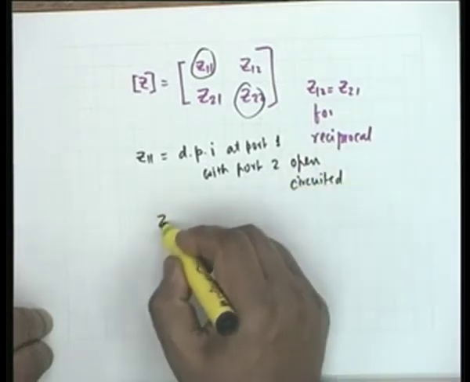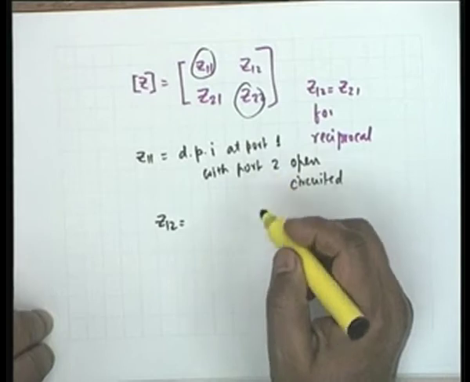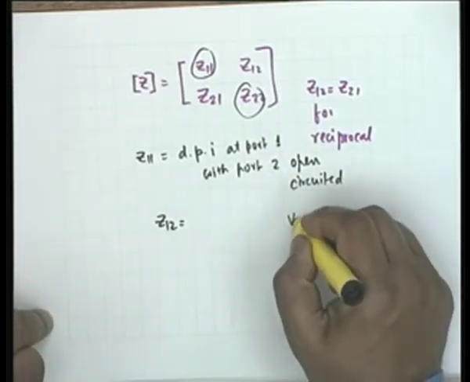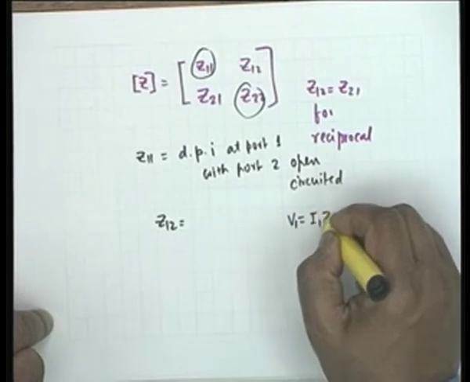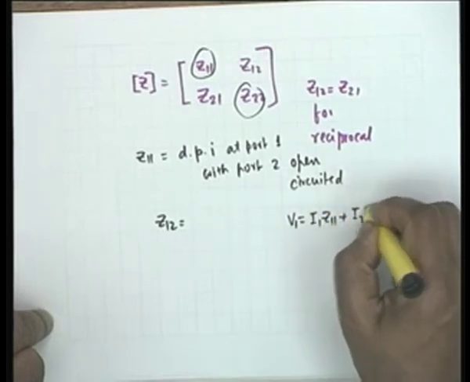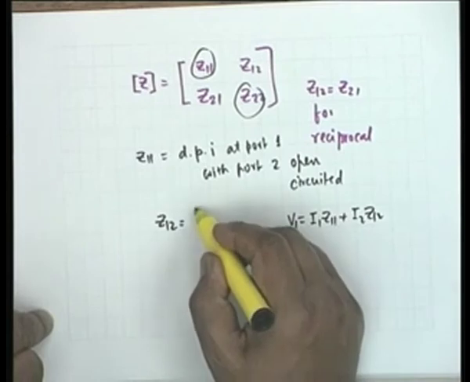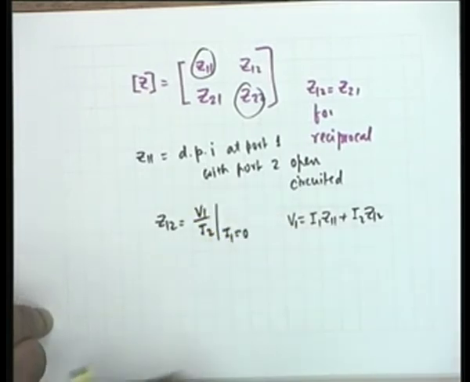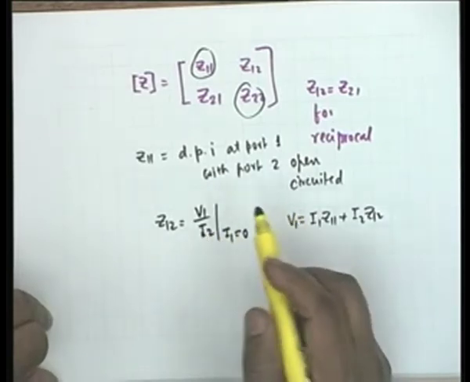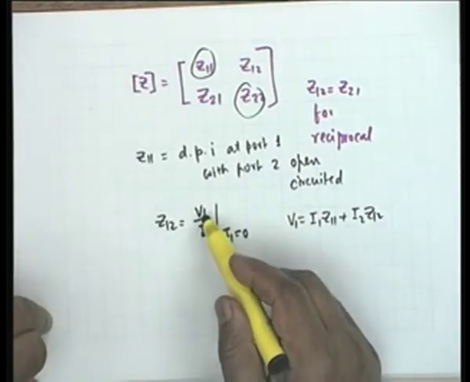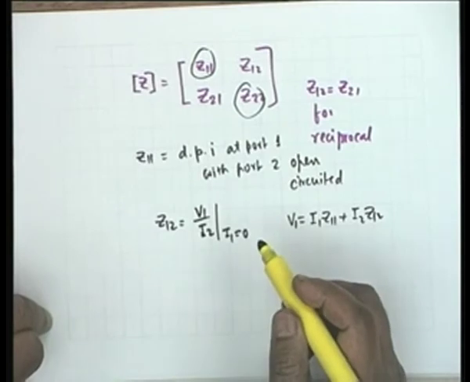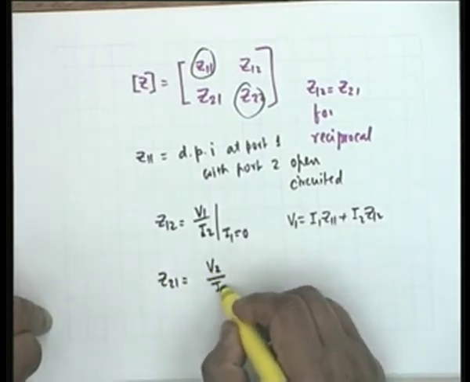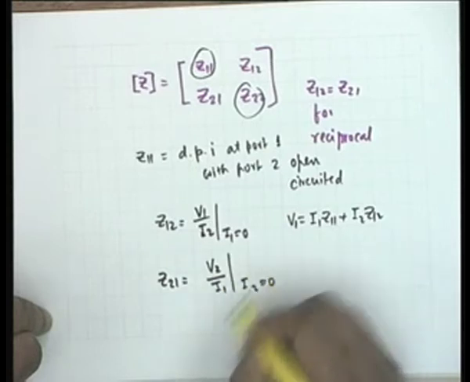Z12 is, if I write it, a transfer function: V1 equals I1 Z11 plus I2 Z12. So Z12 is V1 by I2 with I1 equal to 0. It is a transfer function between port 2 and port 1 with port 1 open, and Z21 is V2 by I1 with I2 equal to 0.